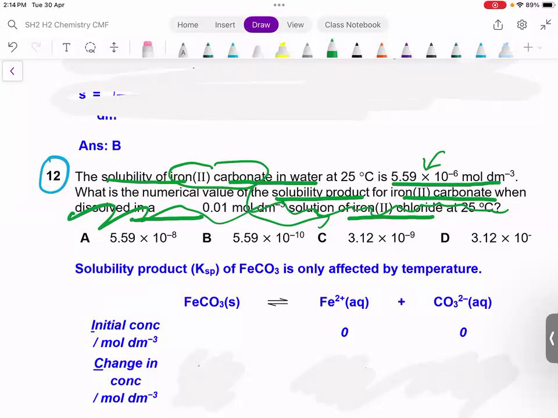As long as temperature is constant, Ksp remains constant. So notice that I emphasize 25 degrees Celsius. I emphasize 25 degrees Celsius again. Do you see that piece of information? Temperature is deliberately kept constant. Okay, so with that in mind, you should recognize that I can calculate Ksp from the first sentence, and it will be the same in the presence of iron 2 chloride.